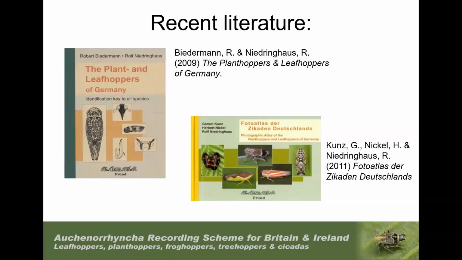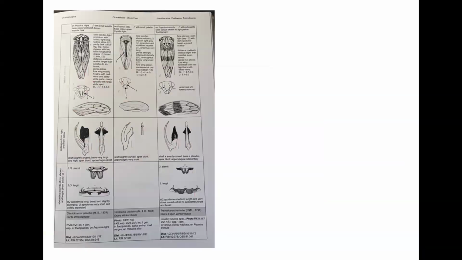That was then followed a couple of years later by this picture book, essentially, which they call a photo atlas, which is a very, very useful adjunct to the main, what's become known as the Big German book. And the nice feature about this main text is that all of the species are arranged in columns. So you can compare species by looking across the columns.